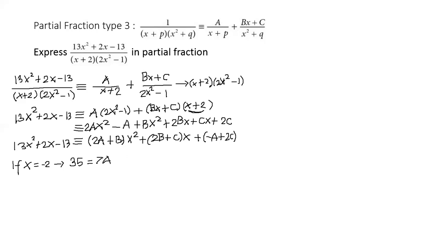So 35 equals 7a, which means a equals 35 over 7, which is 5. If a equals 5, we can find b.